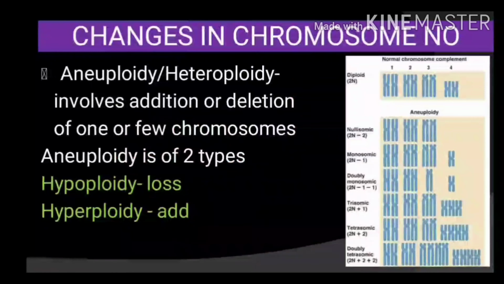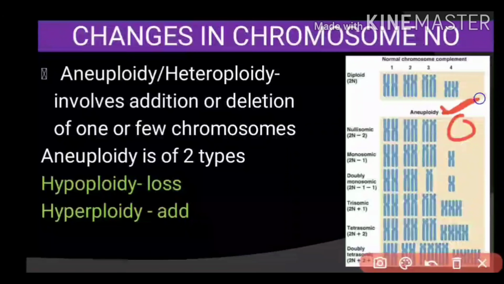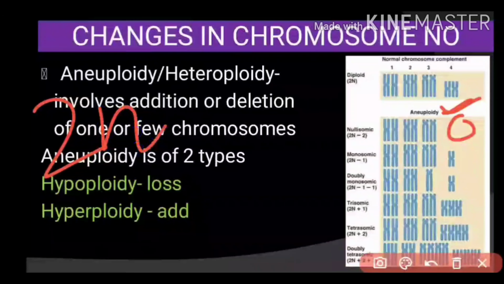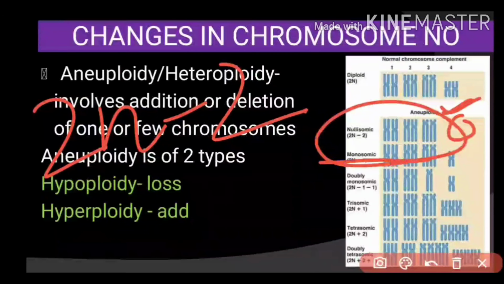And in nullisomy, both the homologous chromosomes are missing. The situation is written as 2n minus 2. So these two are hypoploidy because there is a loss of chromosome.